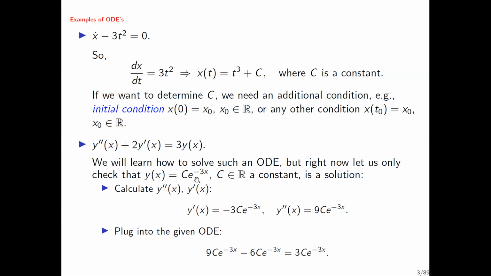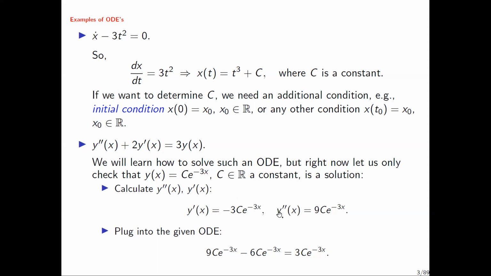What do we have to check? We have to check that when we take the second derivative of y, this is here, and the first derivative of y, this is here, and plug those expressions into our differential equation, the equation is really satisfied.